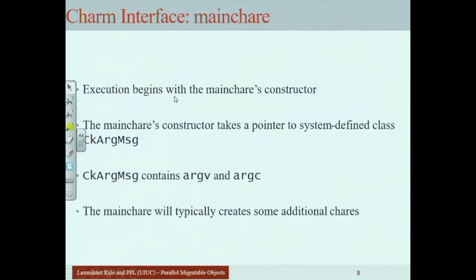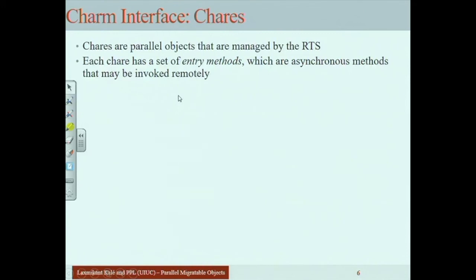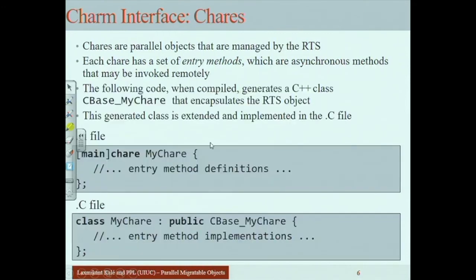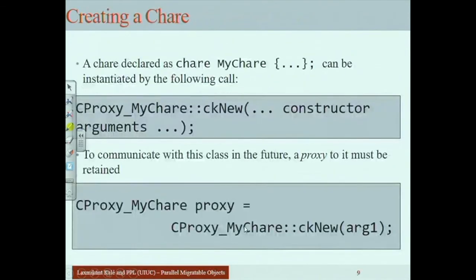That was the class that we have to inherit from. If I have a class called mychar, then it inherits from CBase_mychar. And here we are saying you have to have CProxy_mychar. That's another generated class. Call its ckNew method and provide to it all the constructor arguments. That's how you will create a new char.